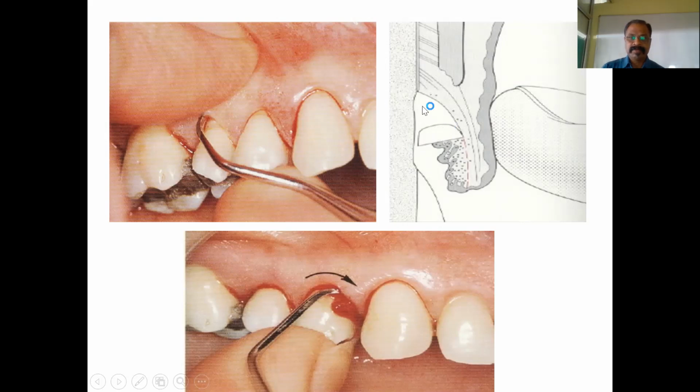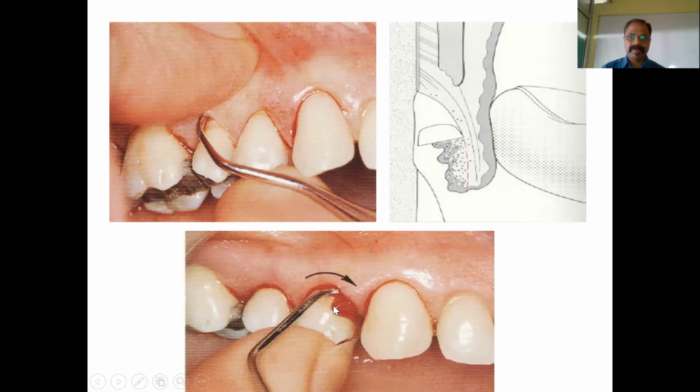You place the cutting edge across the tissues, and externally you give digital support to the external surface of the gingiva, and you gently try to scrape out this entire pocket lining. So you place your blade against the soft tissue, and externally you place a digital support, and then you give a scraping motion.